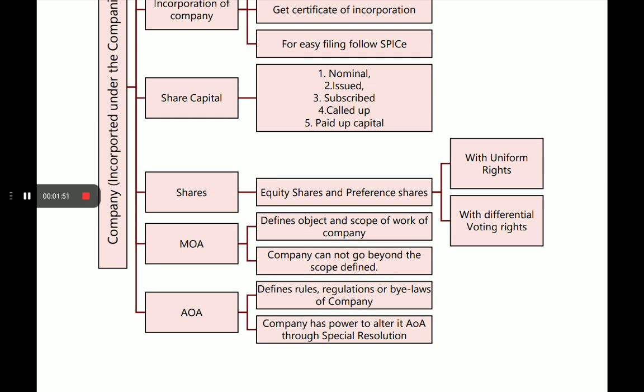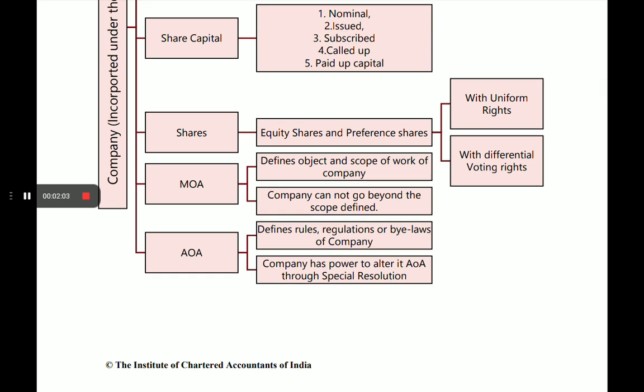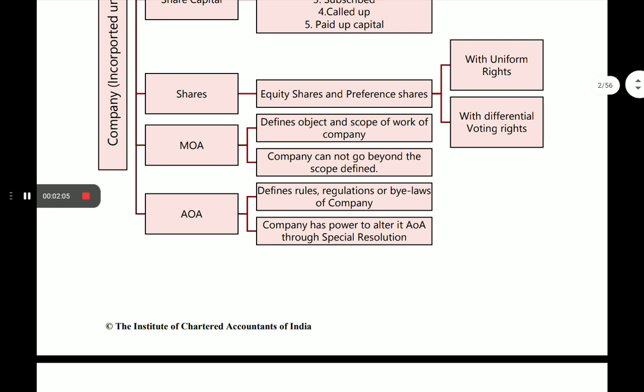Shares: equity shares and preference shares, with uniform rights or with differential voting rights. MOA, the Memorandum of Association, defines the object and scope of work of the company. The company cannot go beyond the scope defined.